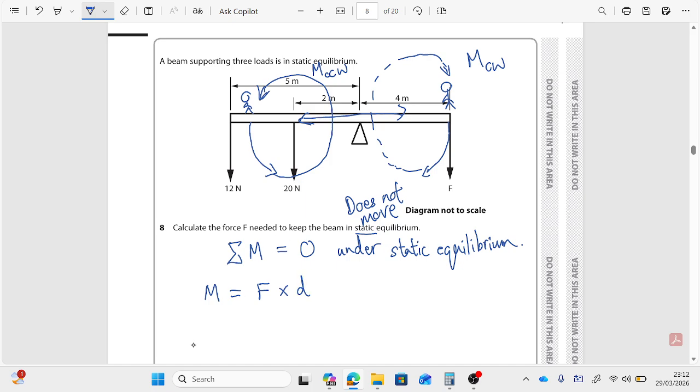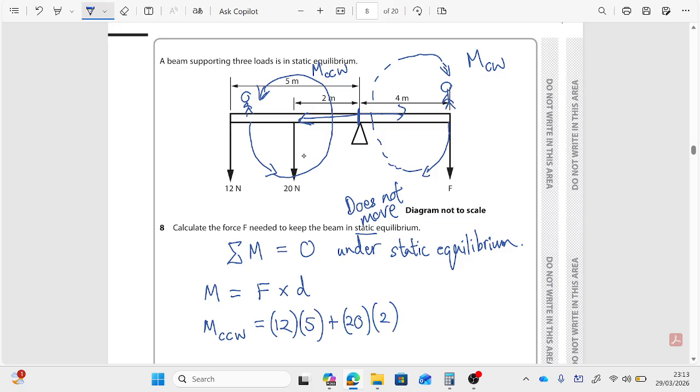So we're going to focus on moment on the counterclockwise first. So that is equal to 12 times 5, so distance from the pivot here, so 5 times 12. What I'll do is keep the multiplications using brackets, so 12 times 5, add 20 multiplied by 2.